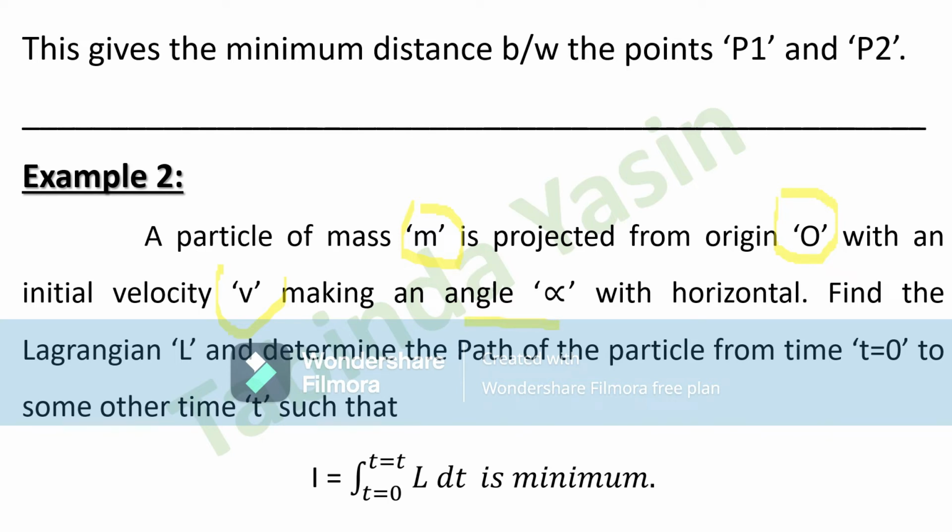Find the Lagrangian L and determine the path of the particle from the time t equal to 0 to some other time t such that the integral I equal to the integral from 0 to t of L dt is minimum. That is also the Euler's equation.